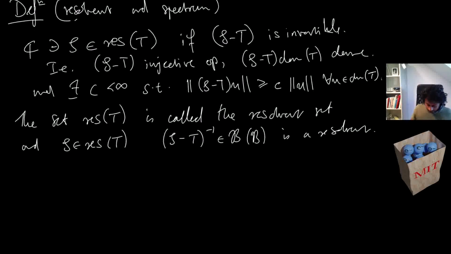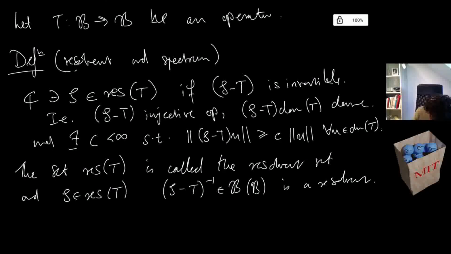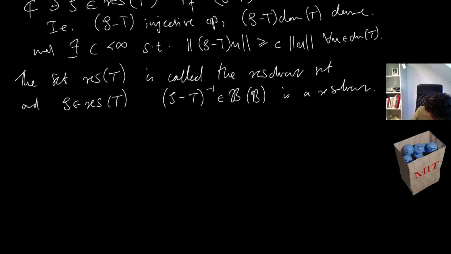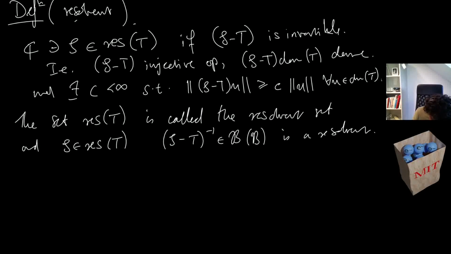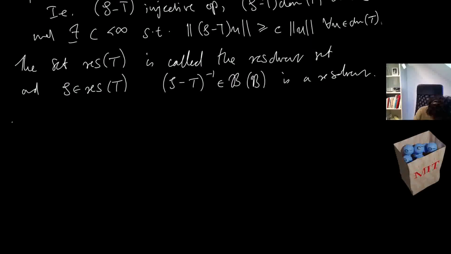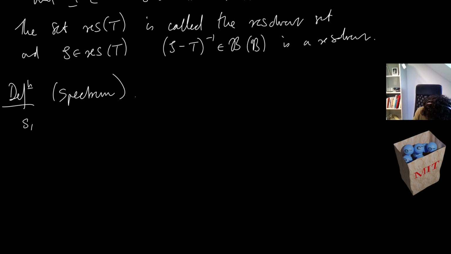Okay, so maybe I'll define just the resolvent here, and then we'll talk about the spectrum, right? So the spectrum is the complex plane subtract the resolvent.